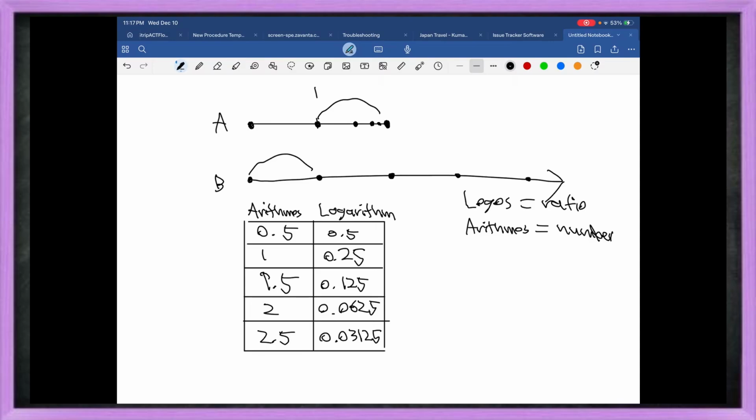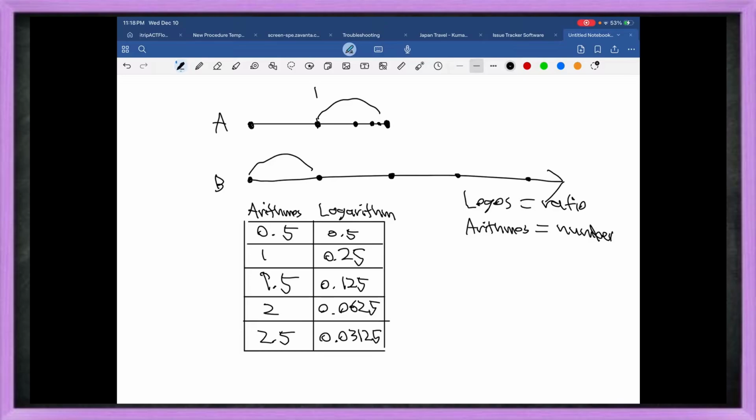And I don't know how he came to this conclusion, but Napier figured out that if you multiply, for example, 0.5 times 0.25, if you add the values of arithmos, the number, then at 1.5, you'll find the sum, or the product of that multiplication.